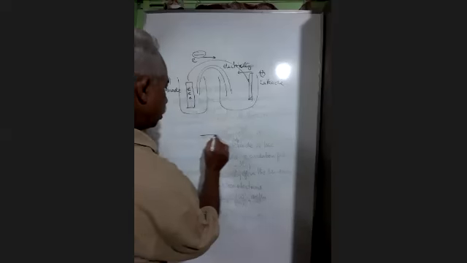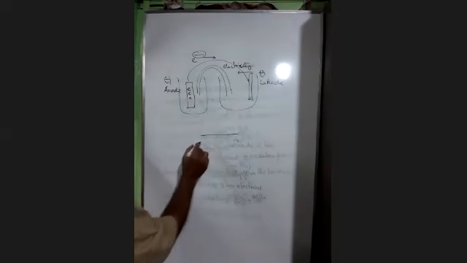Why did we get the convention? Because we know everything should go from higher to lower. What is higher? Higher is always positive. What is lower? Negative. Now why should they flow? Any substance will flow if there is a gradient. If the gradient is there, then only it will flow.